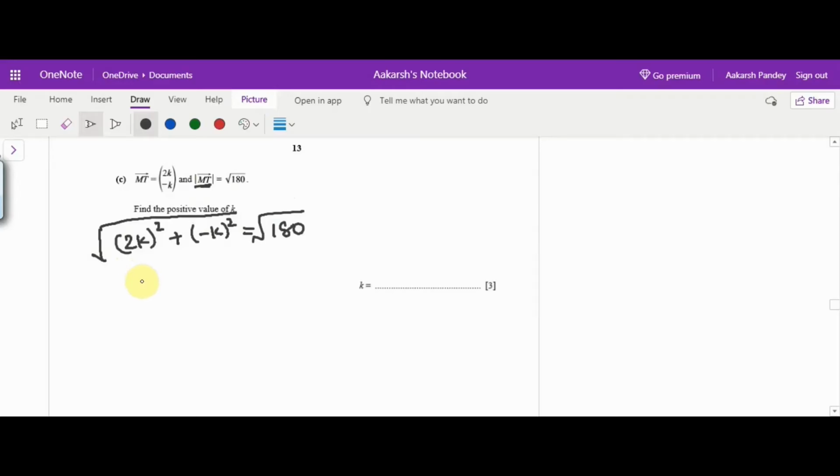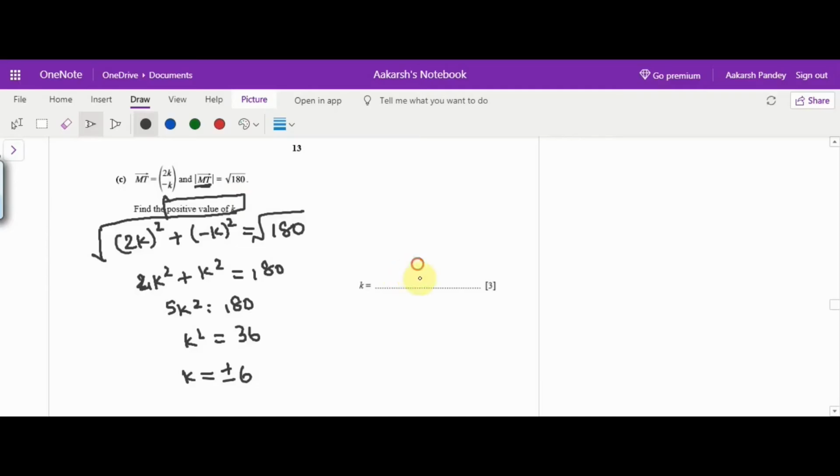Now taking square on both sides, I get 4k square plus k square is 180. 5k square is 180. Dividing by 5, I get k square as 36. So k is actually plus minus 6. But they are asking us the positive value of k. So the positive value of k is 6.